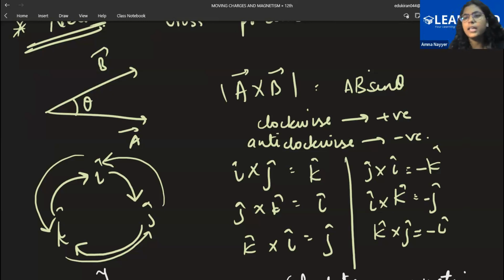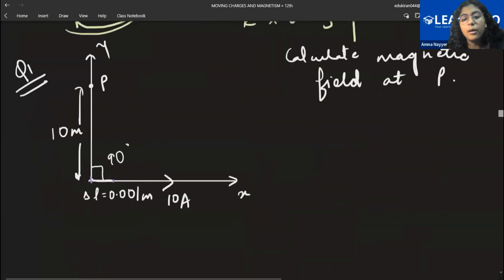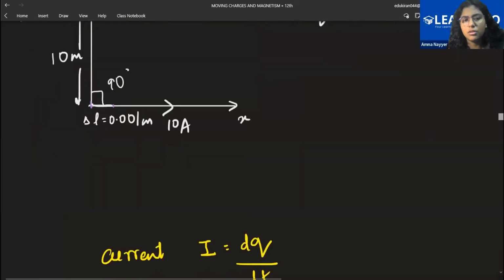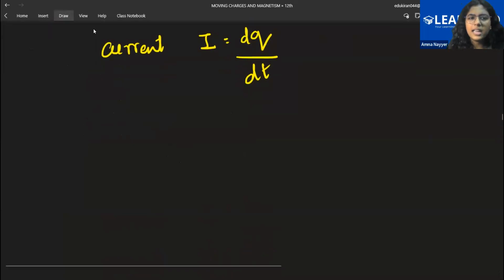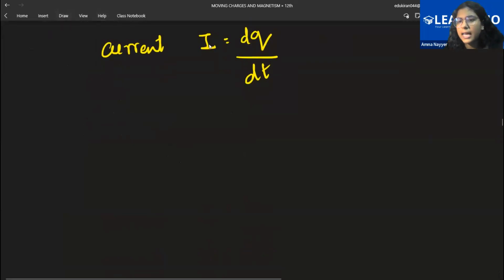So why is there a revision? Because we can use it in Biot-Savart's modification also. This question, I'll come to first. A small derivation sort of thing comes. See, current I is equal to dq over dt. Suppose you want the charge to come in your answers, not the current.